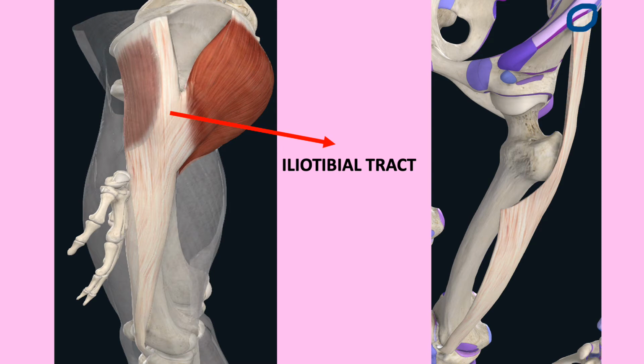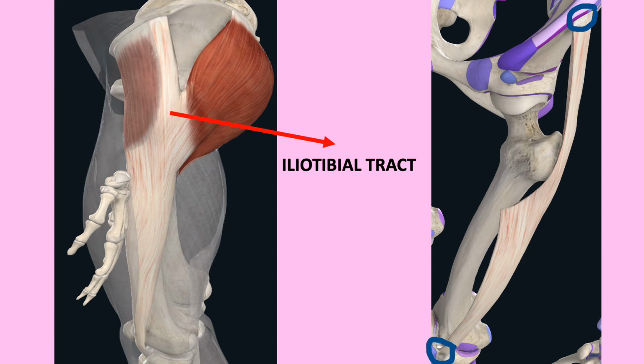The iliotibial tract extends from the iliac tubercle to the anterolateral tubercle of the tibia, that is, the anterior and lateral tubercle of the tibia.